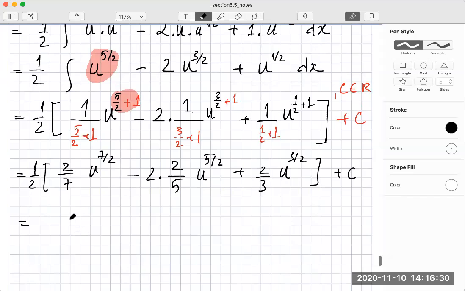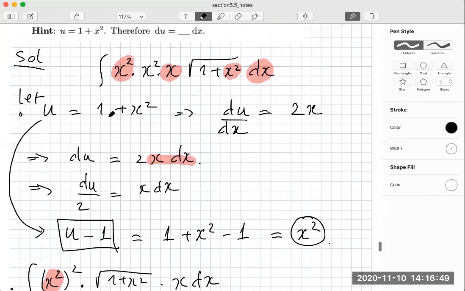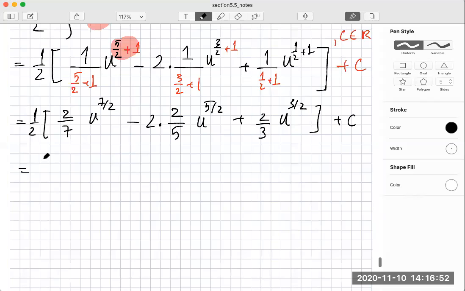But now we found the antiderivative in terms of u. We want to write it in the original variable, right? The x variable. And as we defined, u is x squared plus 1. Therefore, this becomes 1/2, 2/7, x squared plus 1 to the 7/2, minus 2.